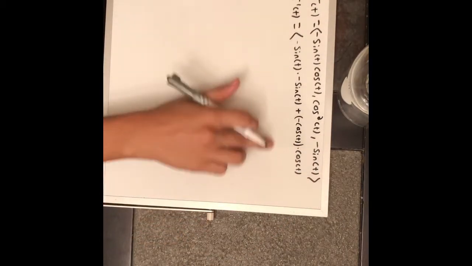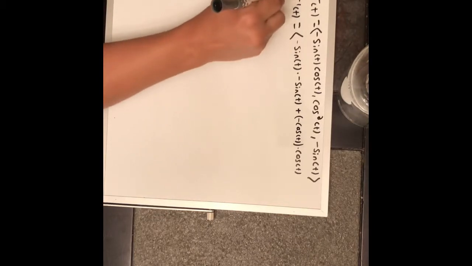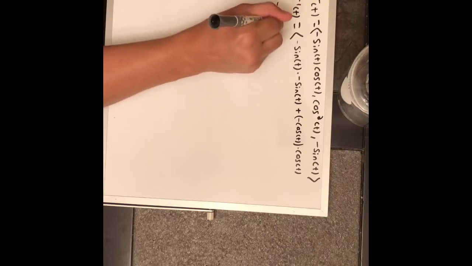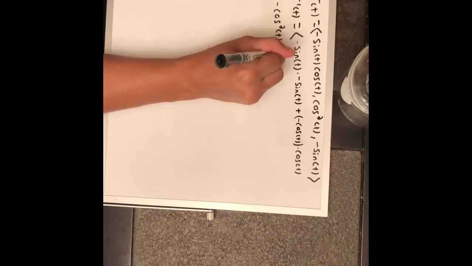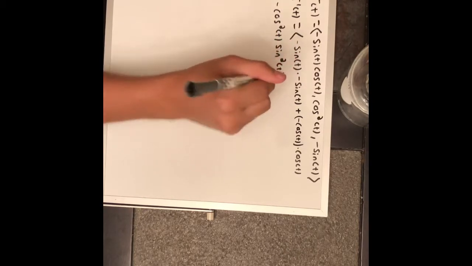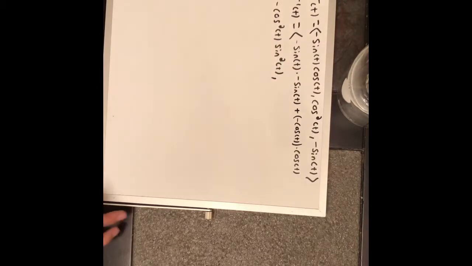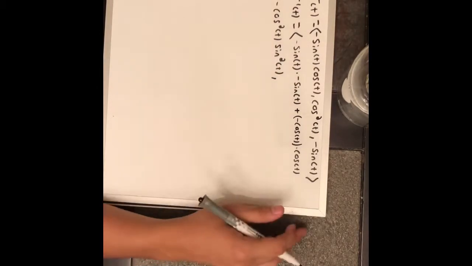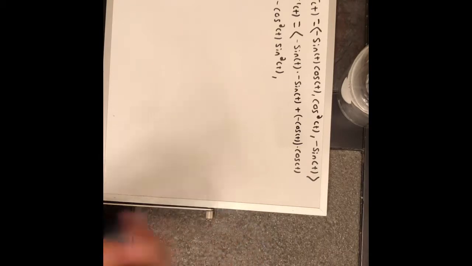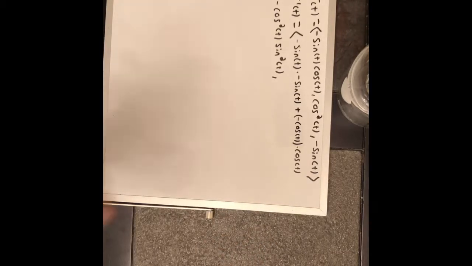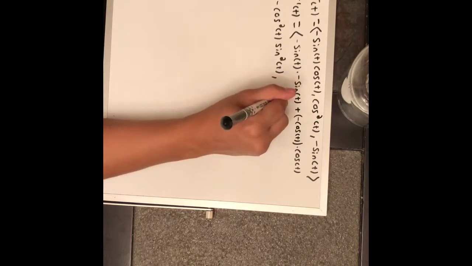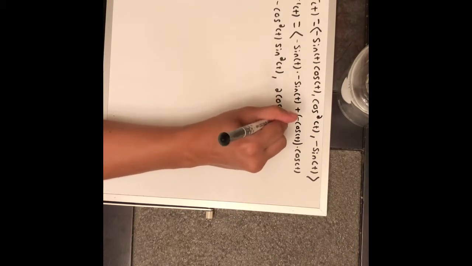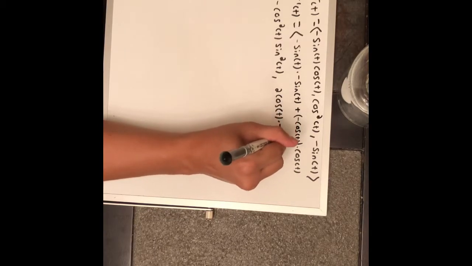So this will end up becoming negative cosine squared t times sine squared of t. So that is our first one. Now deriving cosine squared of t, through the chain rule, it'll be 2 cosine of t times negative sine of t.